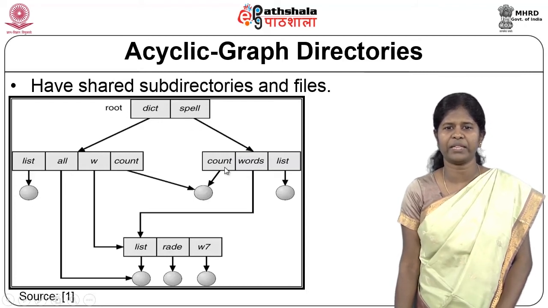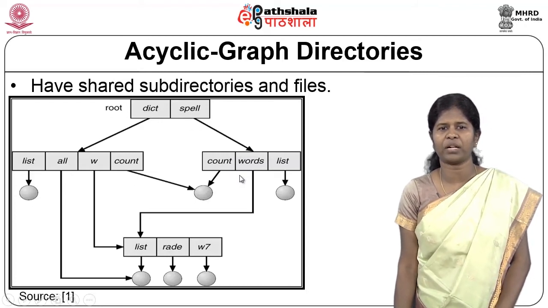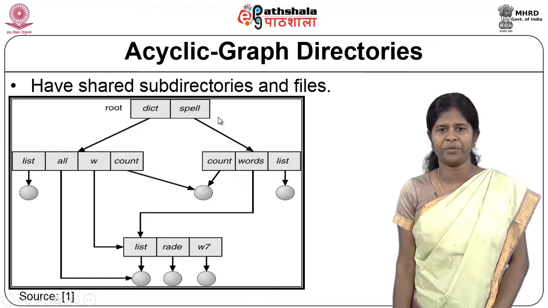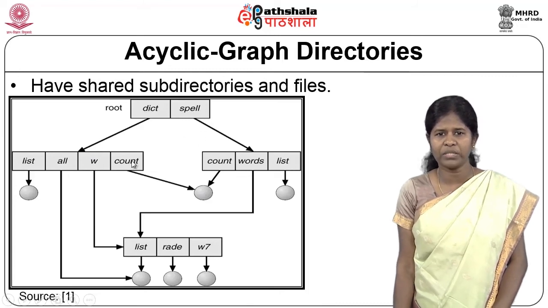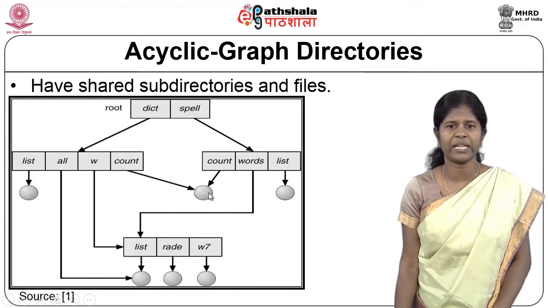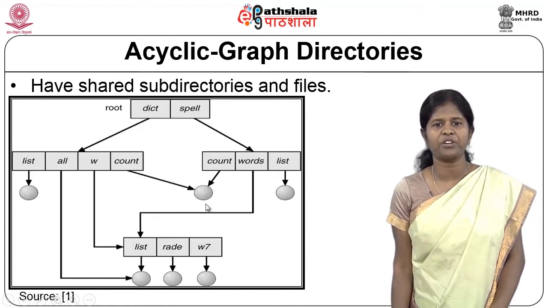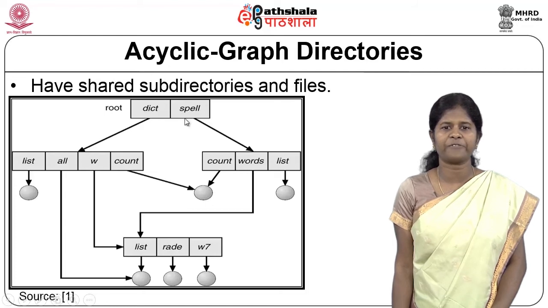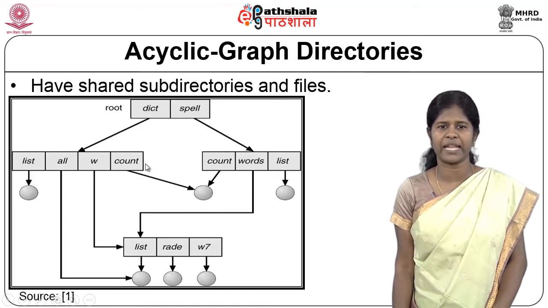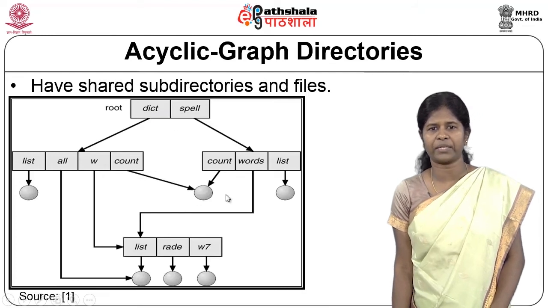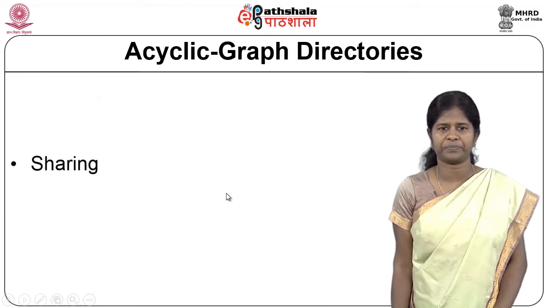You see that this file called count is shared by the directory spell as well as by the directory dict. Both directories are sharing the same file. So, there are two different path names for this particular file. It can be accessed using the path name dict/count or using the path name spell/count.